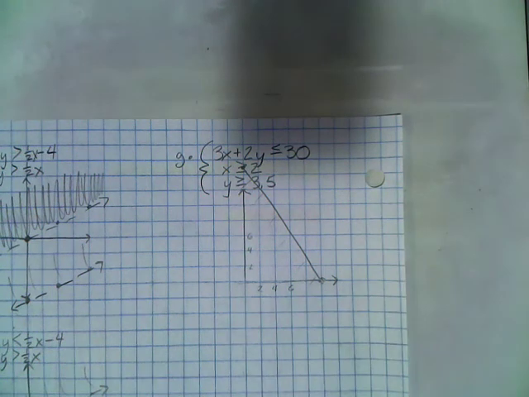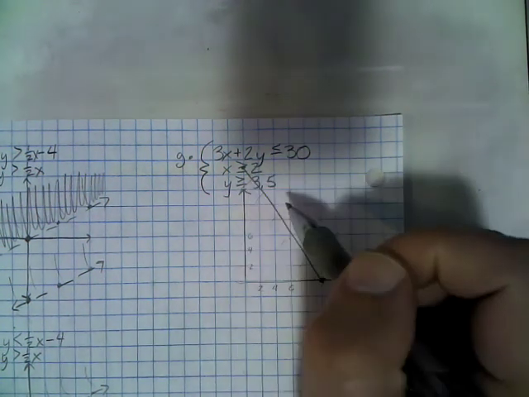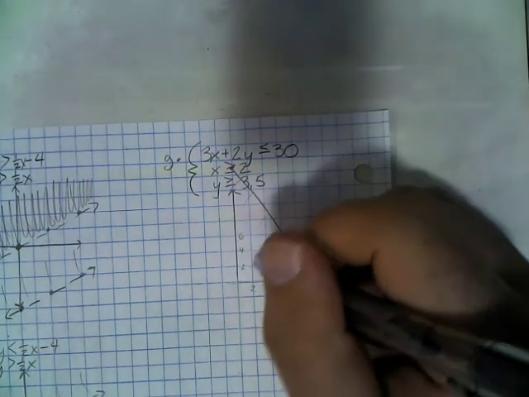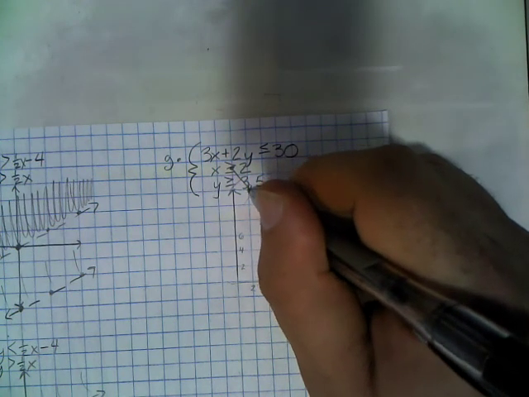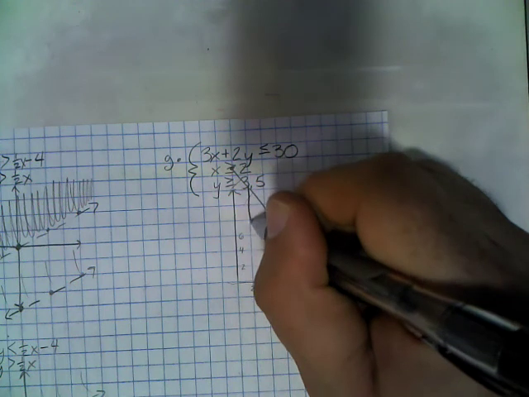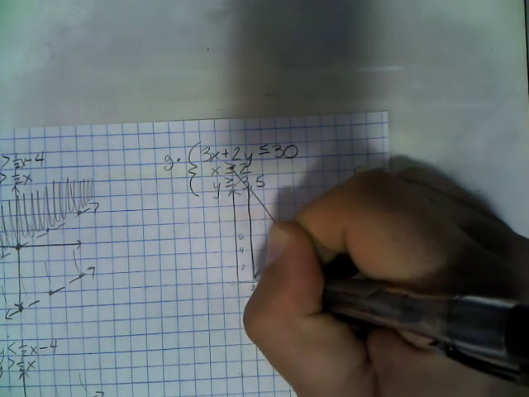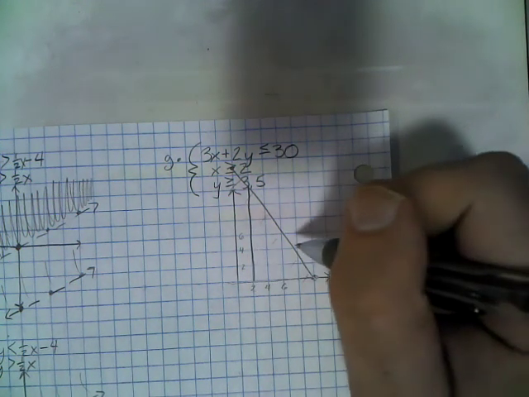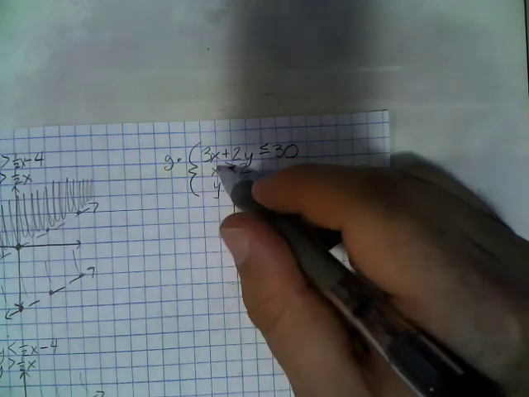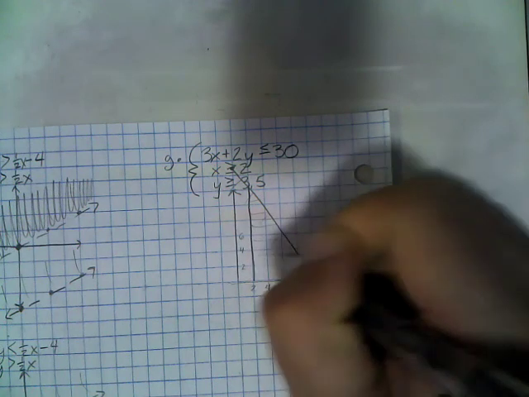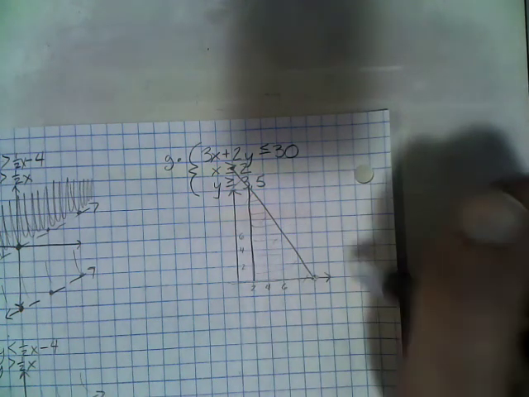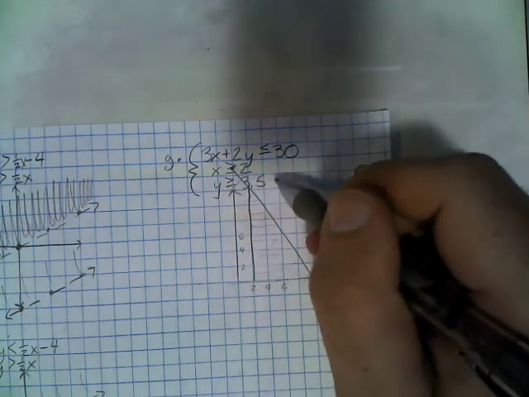So now the next one is going to be a vertical line through 2. So vertical line through 2, and it's a solid line again. And so if I plug in 0 there, is 0 greater than or equal to 2? No. And then finally, y is greater than or equal to 3.5.